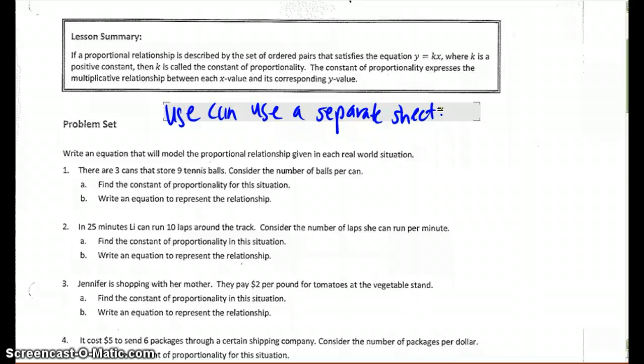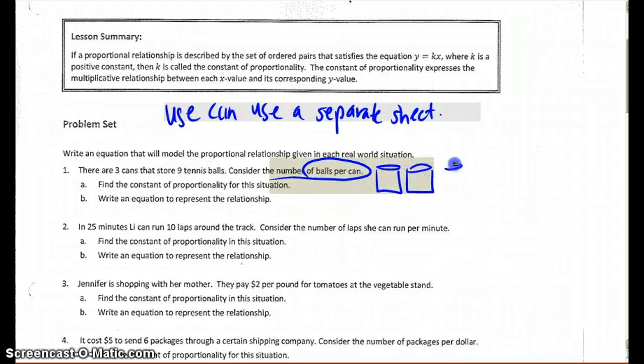All right, number 1. We've got 3 cans and 9 tennis balls. So we're considering the number of balls per can. If I drew a picture, sometimes that really helps. If I draw 3 cans and there's 9 total balls, then I can see that each can will contain how many balls?